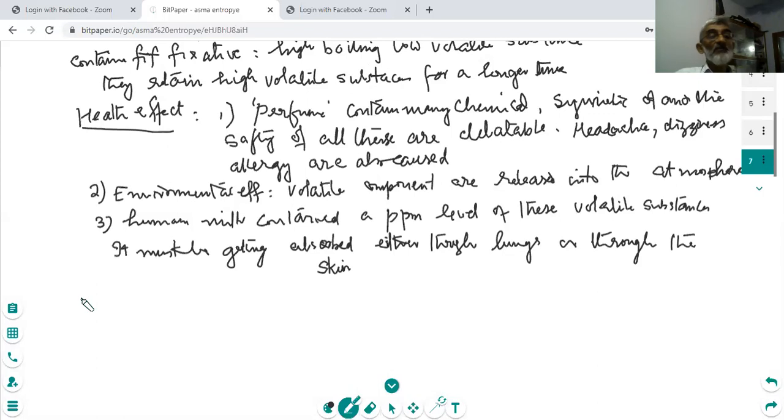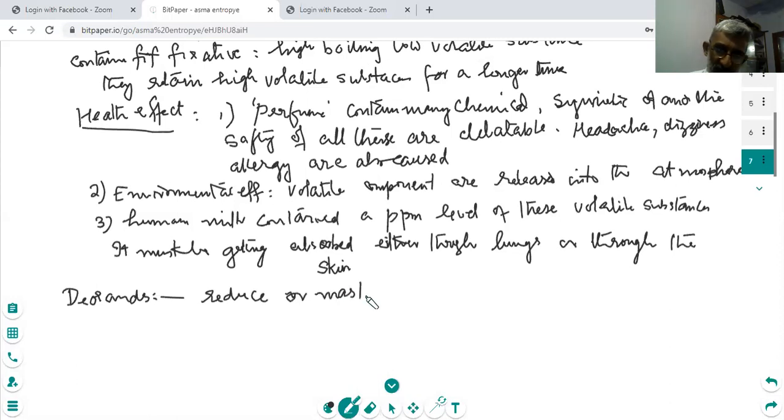Then we have a class of compounds that are called deodorants. Now, what are deodorants? Deodorants are formulations which are to reduce or mask something.